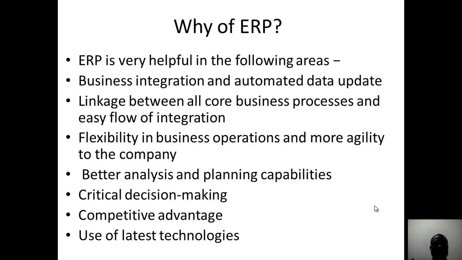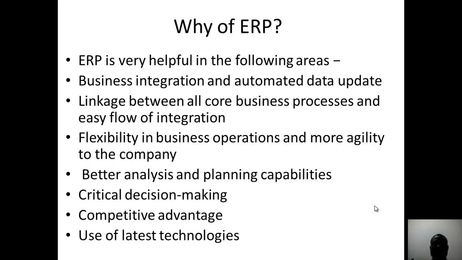Let's look at the use of ERP in the following areas: business integration and automated data update. Now, like we said, ERP links all departments together, and therefore it actually integrates the business, and every data that's required for a particular department is available.